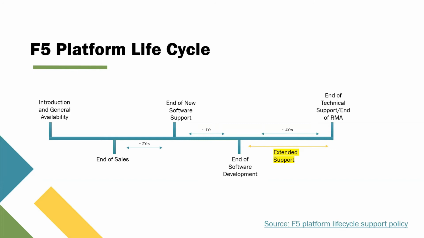End of software development means that after this date, BigIP will no longer produce any maintenance releases as well. So your major and minor software releases stop at the end of new software support milestone, and your maintenance releases will also stop for those softwares when you hit end of software development.